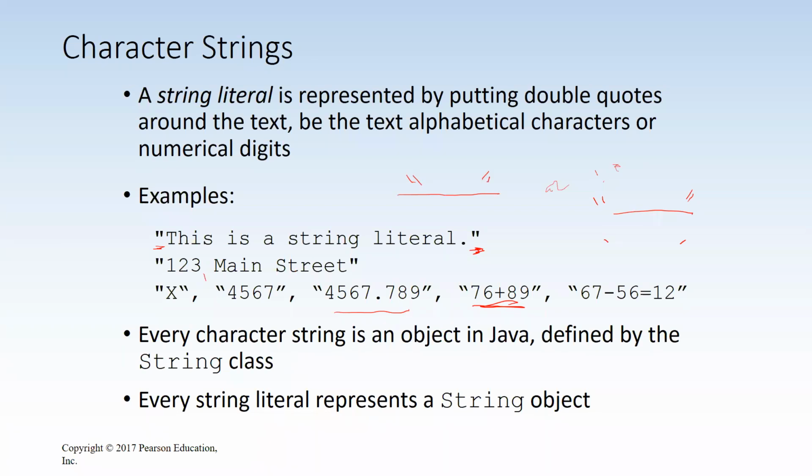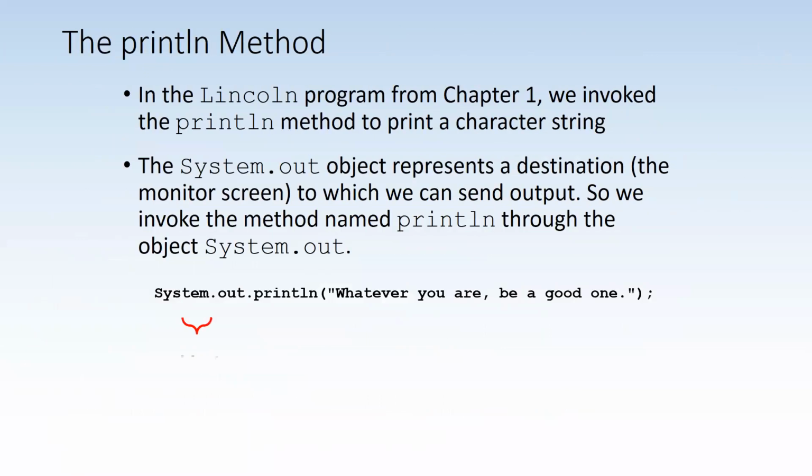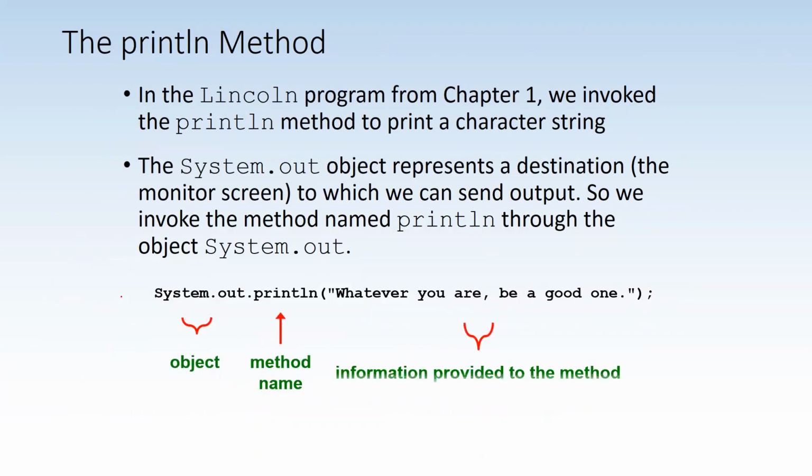And the string is an object, and we will discuss object later. So let's look at this program. This is a statement, okay? This is an object. We will delve into object very deeply once we get to chapter 4 after the first part. And this is called a method. You know a method.